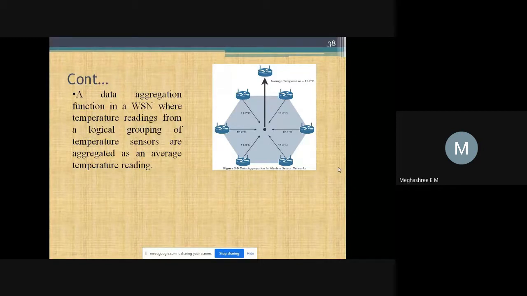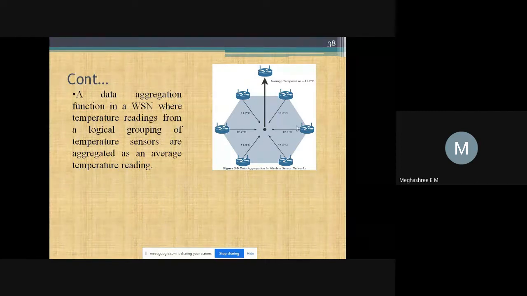The temperature sensors are deployed, and they send the data and transmit it over the network, which is a WSN. In a WSN there is a function called data aggregation, where temperature readings from a local grouping of temperature sensors are aggregated as an average temperature reading.